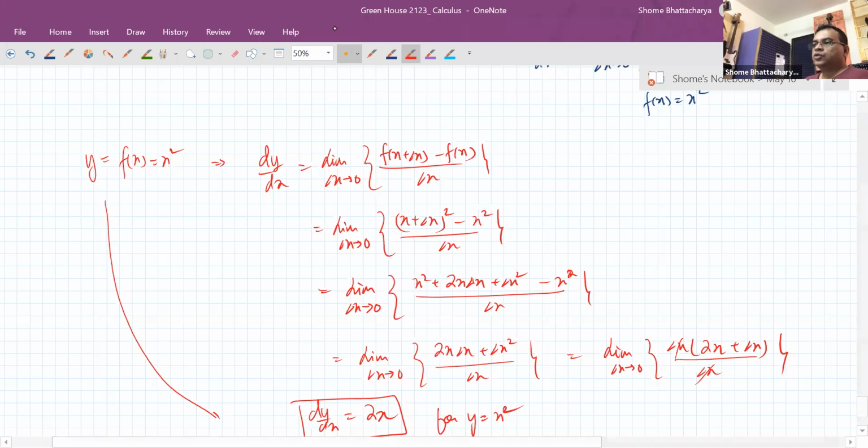Okay. So when we calculate differentiation by this method, by solving this limit, this is called instantaneous rate of change by solving the limit method. This is called method of limit.